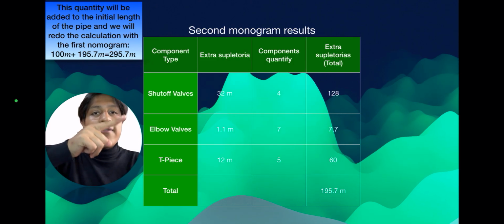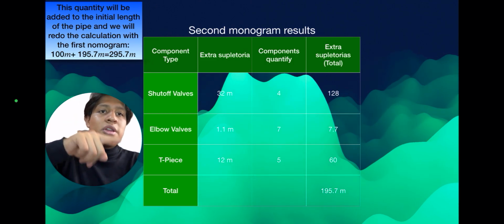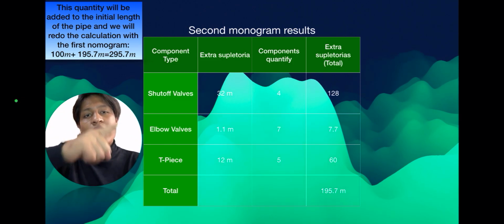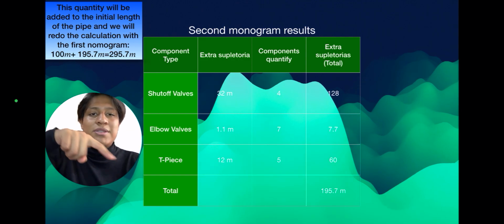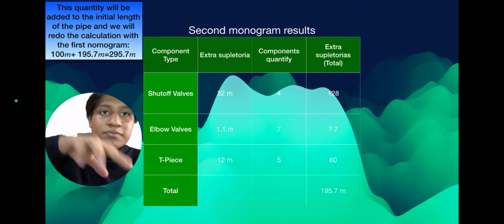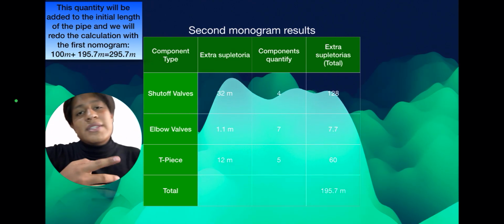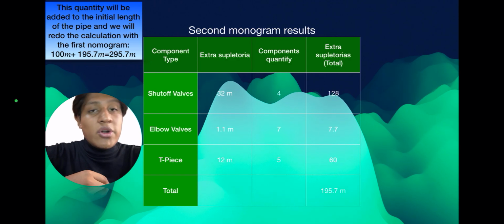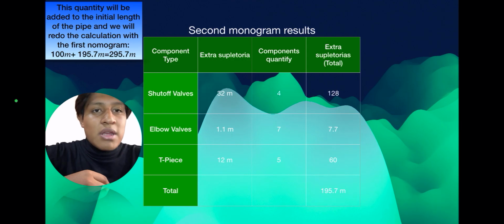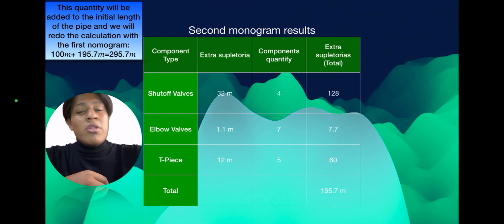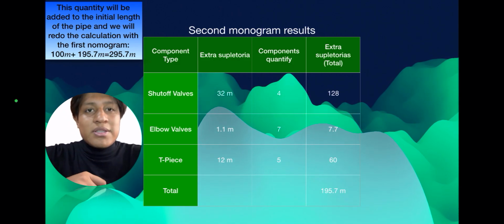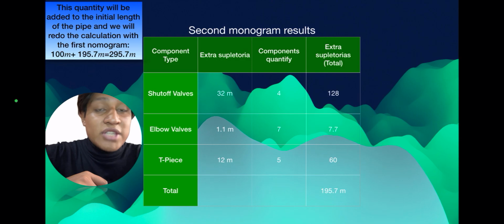So we have the extra equivalent length of components, quantity, extra equivalent total. Our components are shut-off valves, valves, the pieces, and so on. We have these measures: 32 meters, 1.1 meters, and 12 meters, and all the quantified components we have, because we are going to add these components.